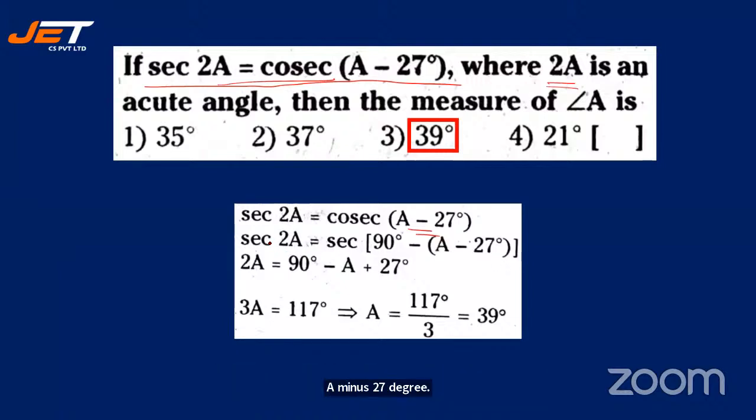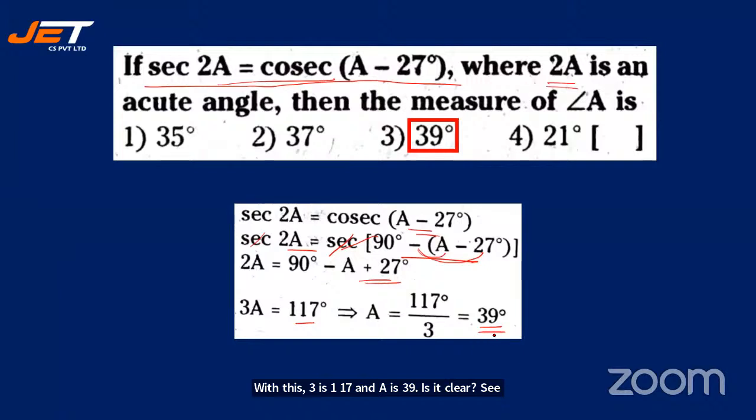You just remove the secants, so you get 2A is equal to 90 minus A, and minus into minus A is plus A. With this, 3A is 117 and A is 39 degrees. Is it clear? See how simple the sum is. The only thing is you need to know the formulas.